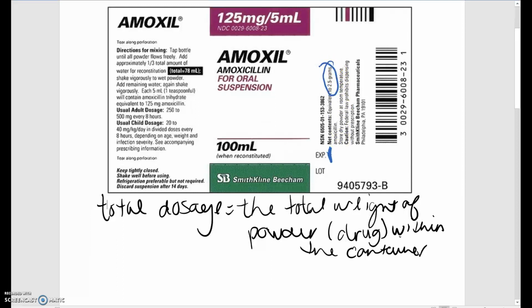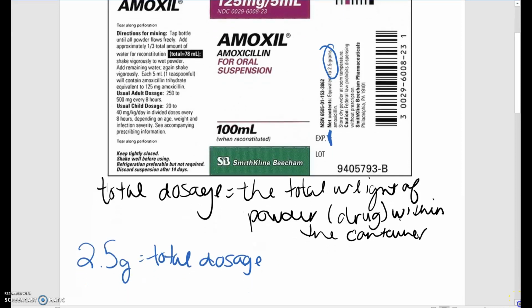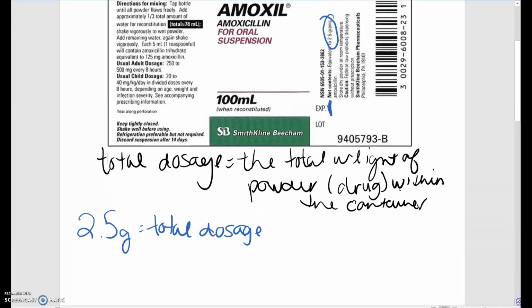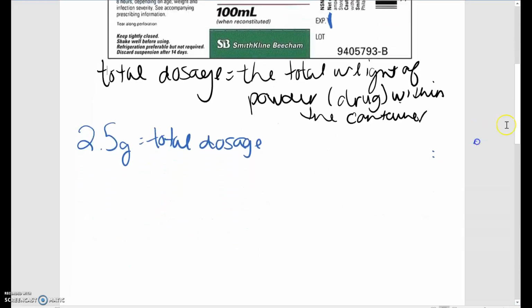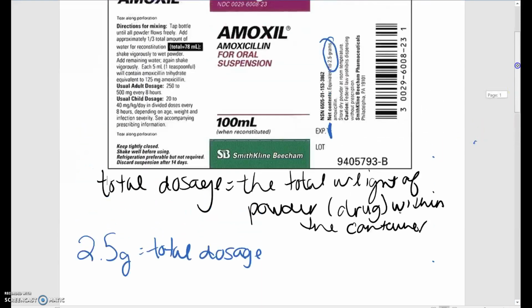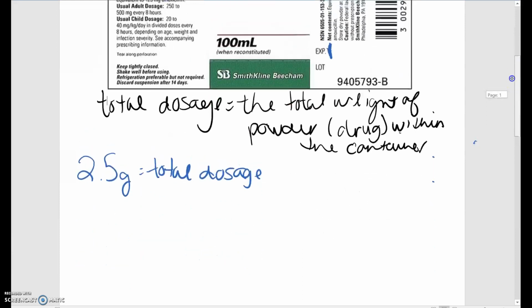That 2.5 grams of amoxicillin is your total dosage within the container. But remember, sometimes that's easy to identify and sometimes it's not. Sometimes it's on a medication stock label, sometimes it's not.